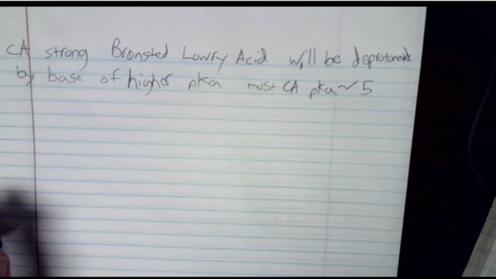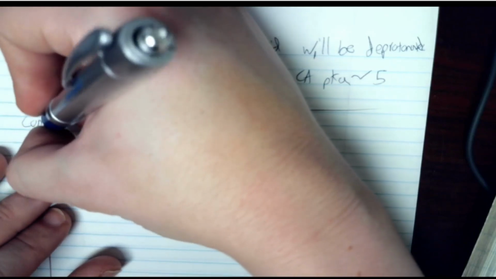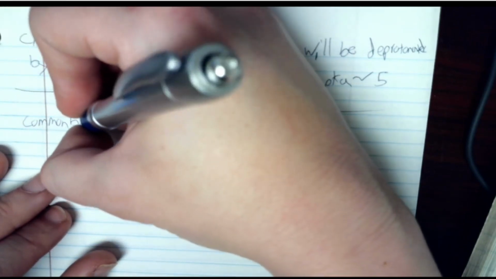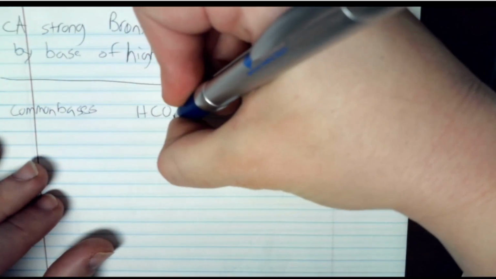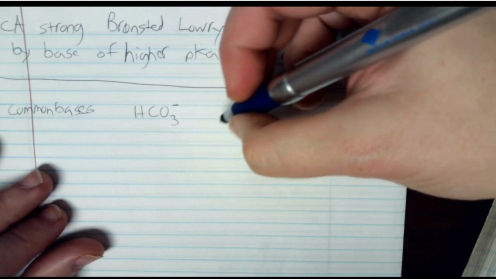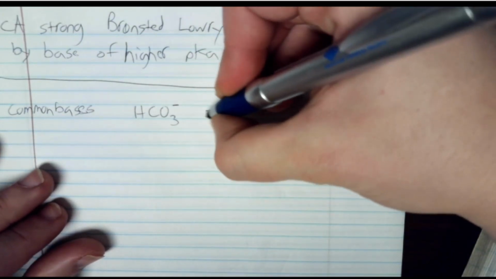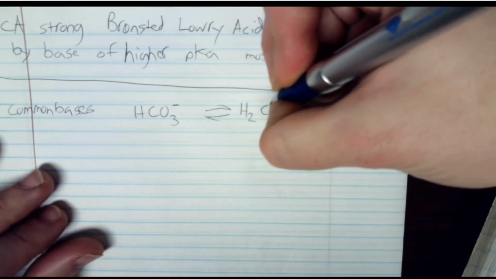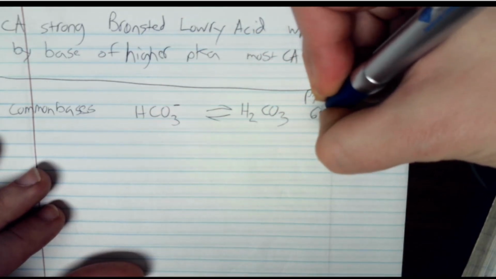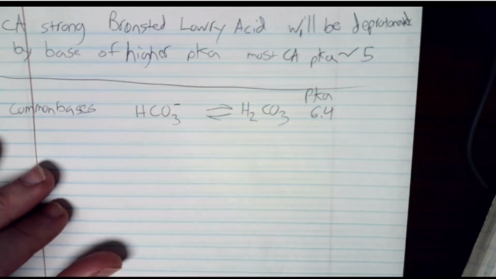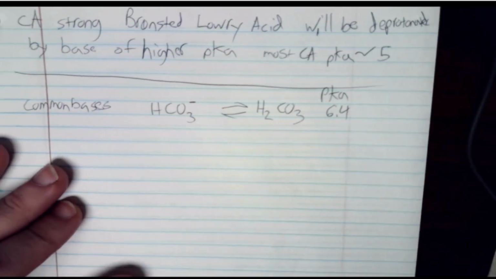So here are some common bases and their relative pKa's. Some of these will be familiar. Bicarbonate, with carbonic acid having a pKa of 6.4. So already off to a good start, that guy will deprotonate.